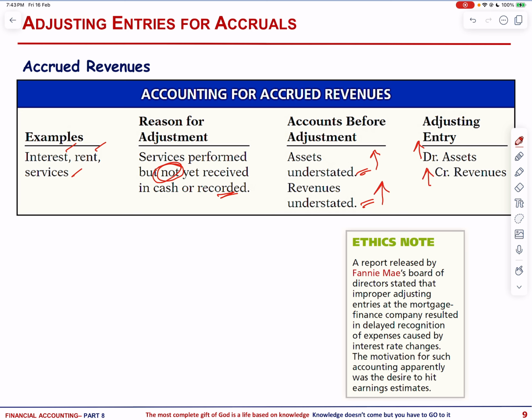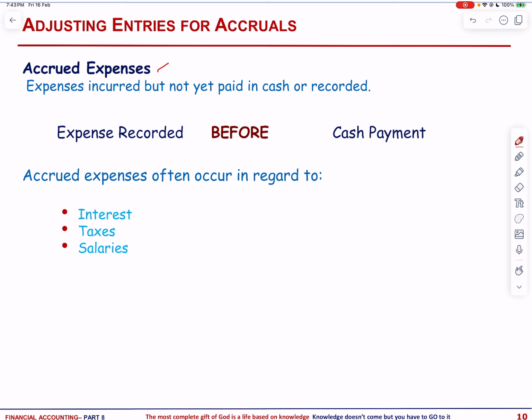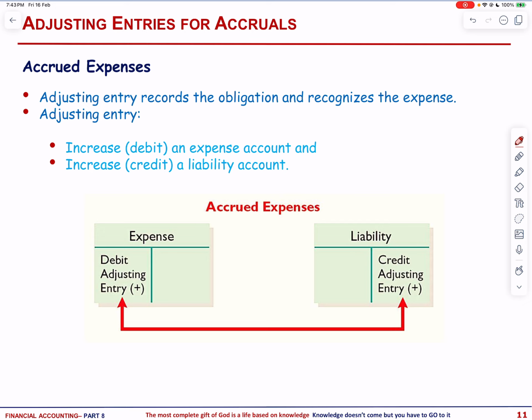Okay. Now, accrued expenses are costs that a company has incurred but hasn't paid or recorded by the statement date. Examples include interest, taxes, and salaries. To account for these expenses accurately, adjustments are made to recognize the obligations existing at the balance sheet date and to reflect expenses for the current accounting period.